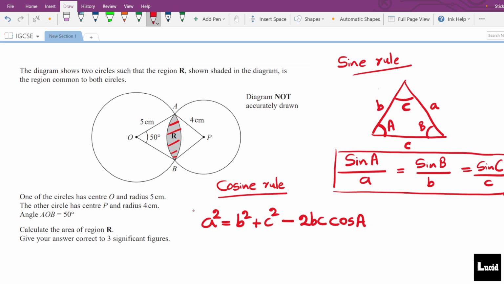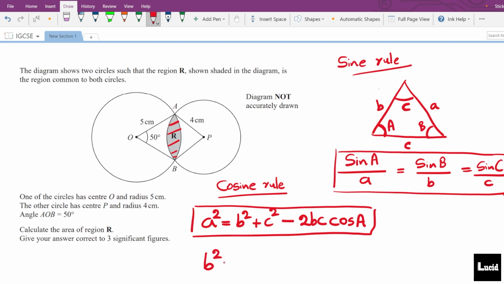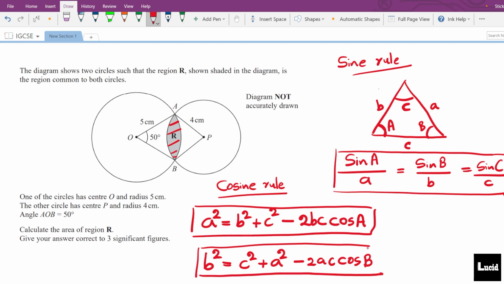For B, it should be b squared equals the summation of the squares of the remaining sides minus 2ac cos B. Likewise, you can write it for angle C as well. Keep all these in mind, and I will now clear them.